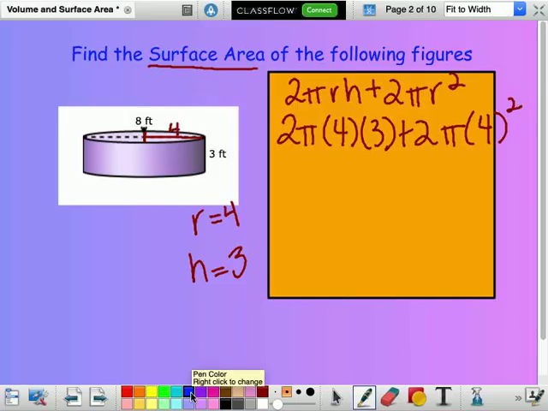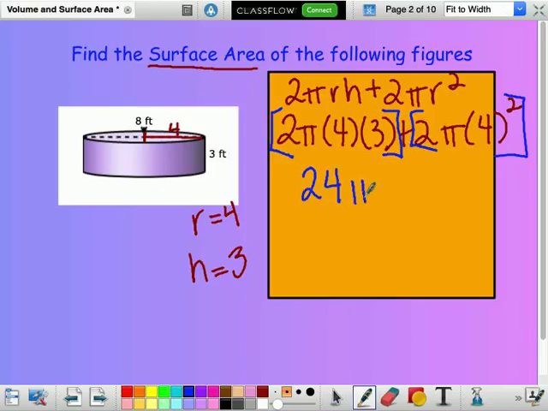Okay. This does look very confusing, so all you really need to do is make sure that you're multiplying that stuff I just put in brackets. So I have 2 times 4, which is 8. 8 times 3 is 24. So this gives me 24 pi plus 4 to the second power is 16. 16 times 2 is 32.